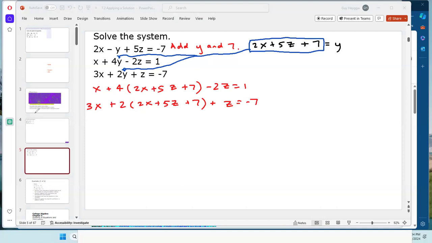Simplifying, that's going to be an 8x and a 20z and a 28.